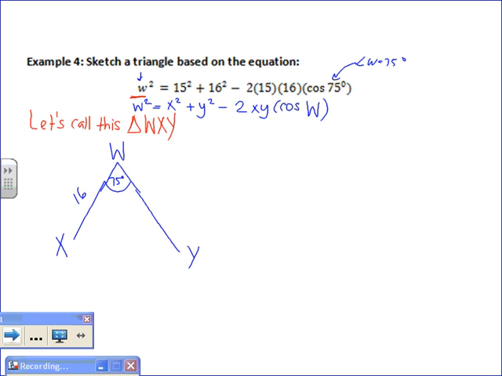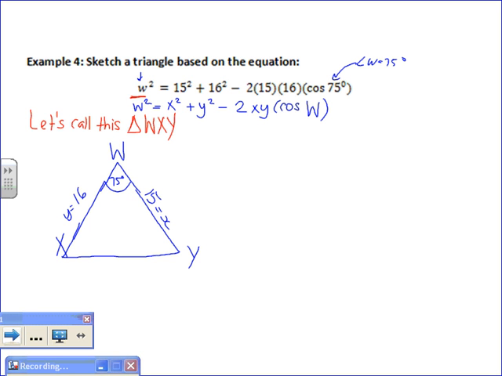Okay, and it's supposed to be slightly longer than side length X, so we'll just make it a little bit longer, and there's 15 over here. There's side length X. Okay, and we can go ahead and connect our triangle now. Okay, so if I label it, this is X across from angle X, and Y will be 16 across from angle Y. And there's my triangle.